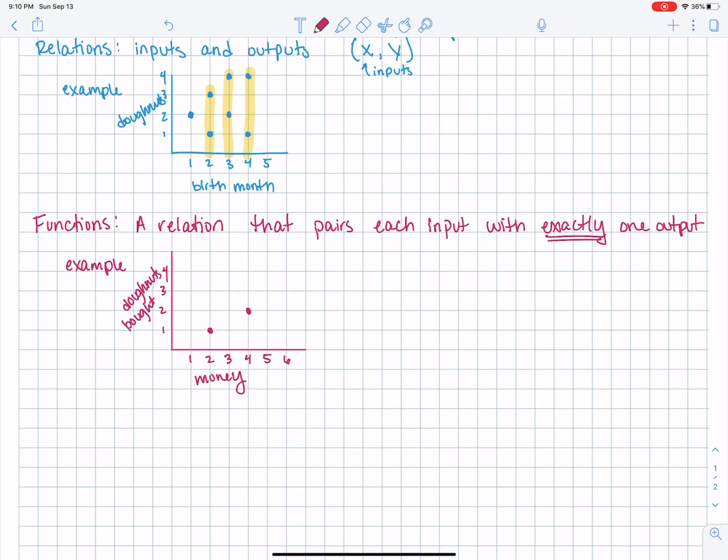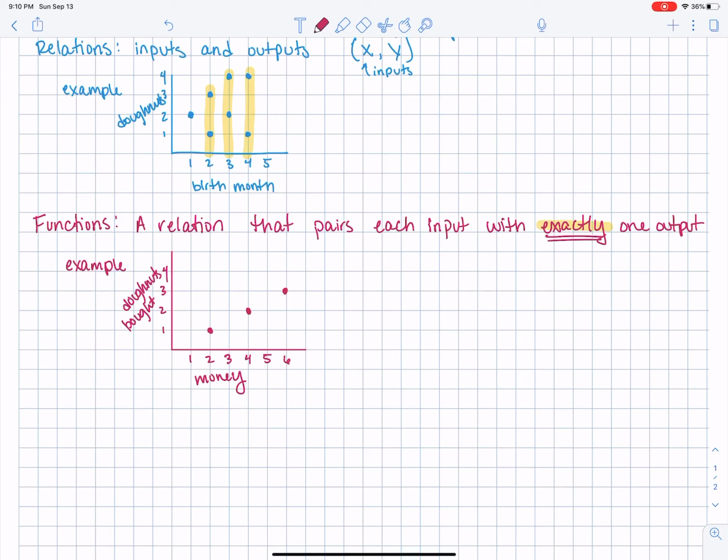If I spend $6, I get 3 donuts. And I'm always going to get the exact output for every input on this one. So always having exactly, I'm even going to highlight this, exactly one output for every input. Another way to think about this is that you always know what you're going to get out.